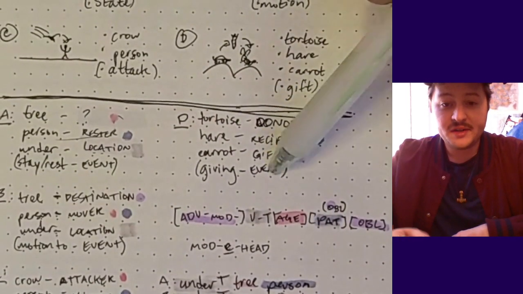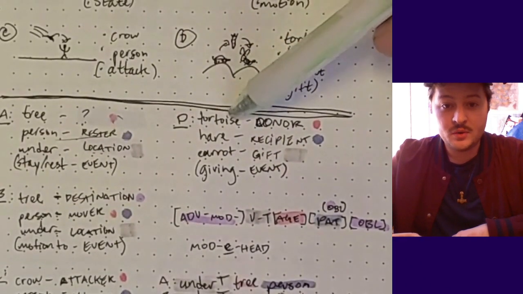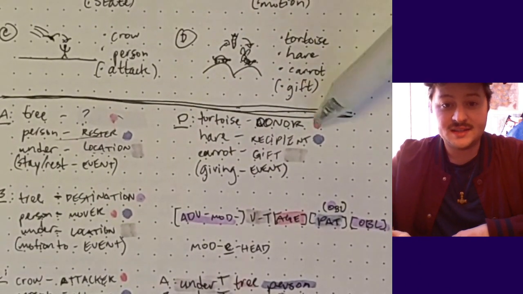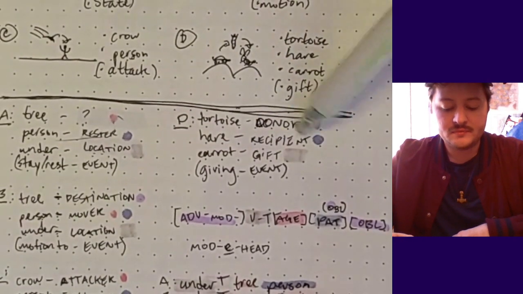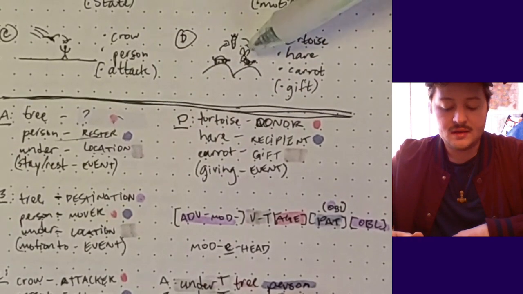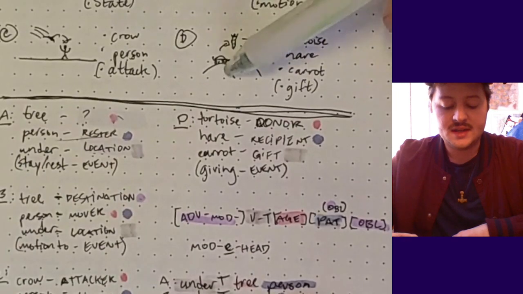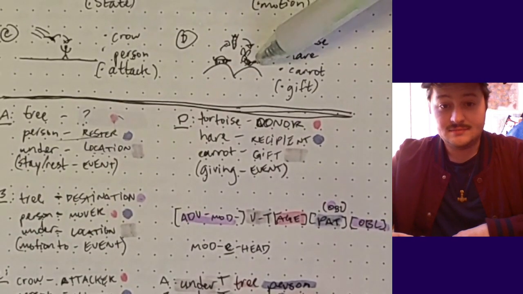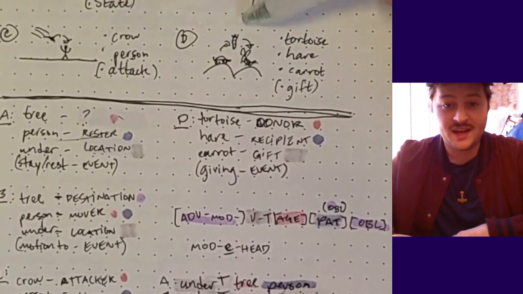So whatever you're giving to someone, that is the verb. If we make the hare the recipient, like in a second-dative language, where the recipient is the patient, what does the tortoise do to the hare? The tortoise carrots the hare. They becarrot it. They bequeath a carrot unto the hare.